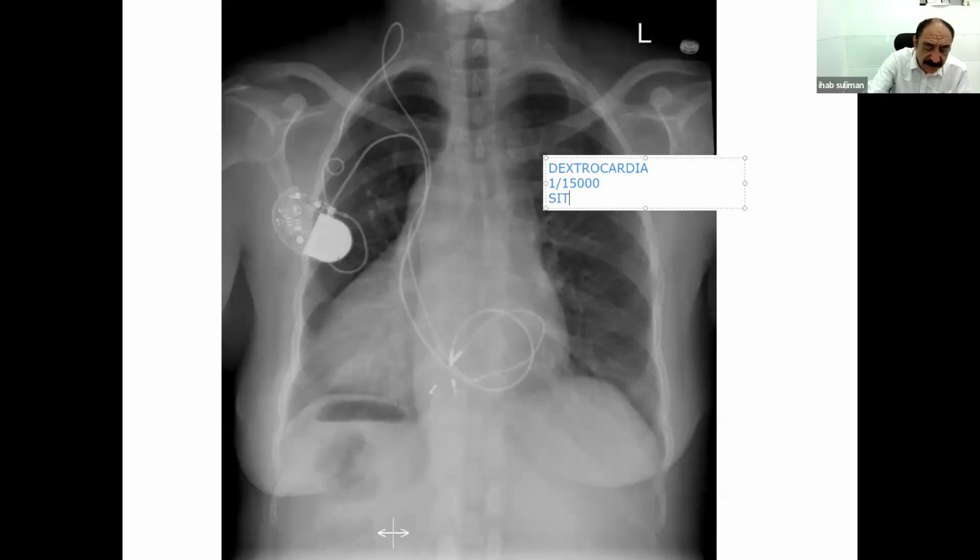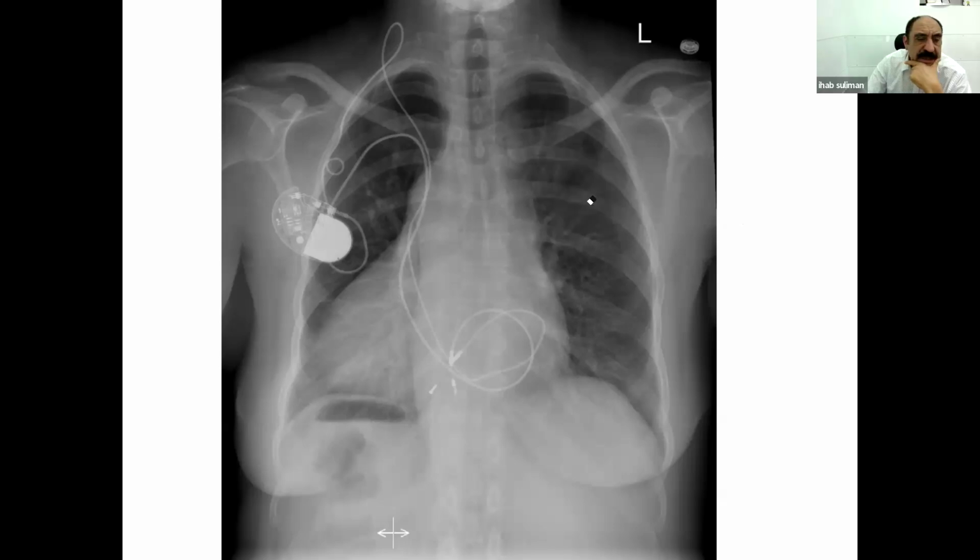Sometimes it is associated with situs inversus, or sometimes it is also associated with Kartagener's syndrome and other syndromes. It has an incidence of 1 in 15,000 individuals, and it is associated with situs inversus if it is complete dextrocardia. So what would you see on the ECG?